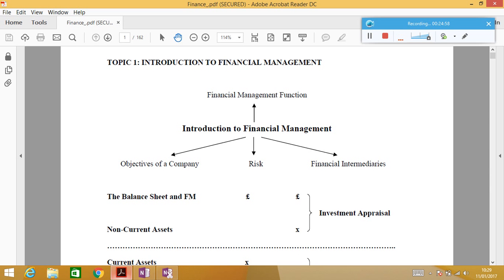You just learned secure and unsecure last time. Later on, not now, in topic number 3, you will learn a topic called source of finance, all types of finance that we have outside there.